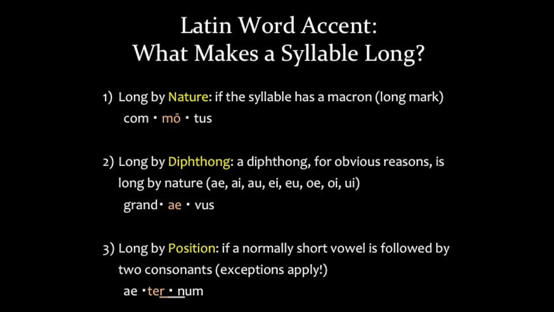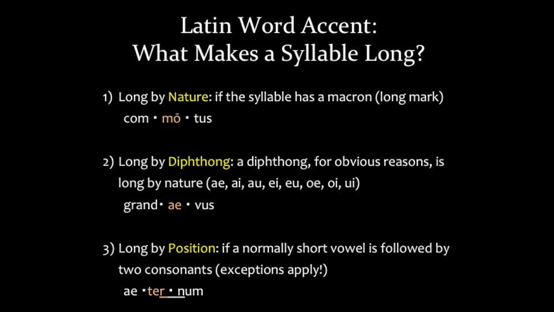That O has a long mark, a macron over it, indicating that this letter is long by nature. Therefore, the syllable, the penultima, is long and therefore accented. Commotus. The second thing that can make a syllable long for purposes of accentuation is if it contains a diphthong.